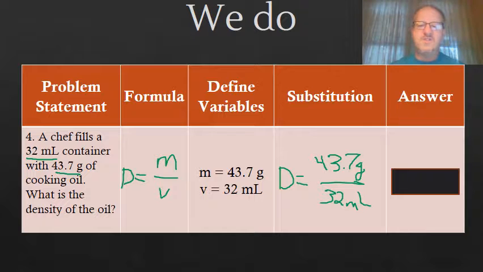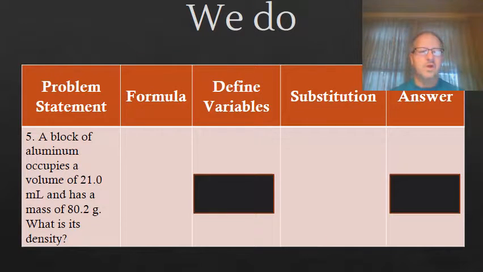And we just divide those. 43.7 divided by 32, and we get 1.37 grams per milliliter. So for every 1 milliliter, there's 1.37 grams, and that gives us a sense of the density. Okay, so that's what it's telling us. The density is this much, and here's density's unit. Okay, last one, and then I'll let you try some on your own.